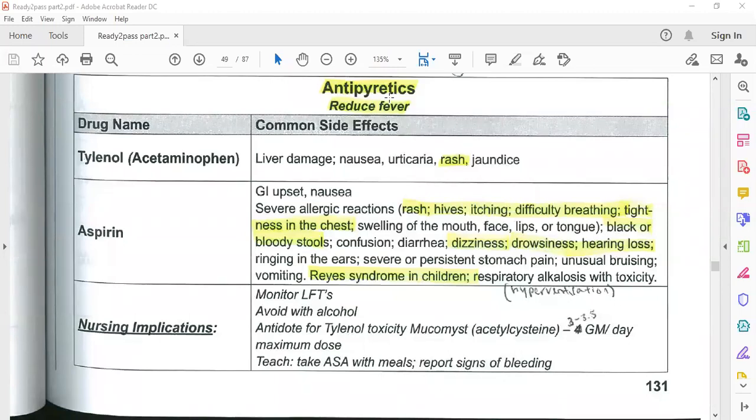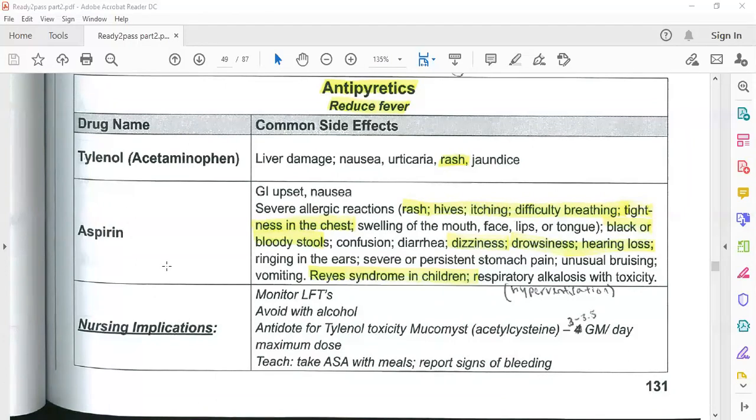Acetaminophen overdose signs are the patient feels weak, or has a weak pulse with clammy cold skin. So again, I said overdose of acetaminophen is countered by an antidote, and the antidote is acetylcysteine.